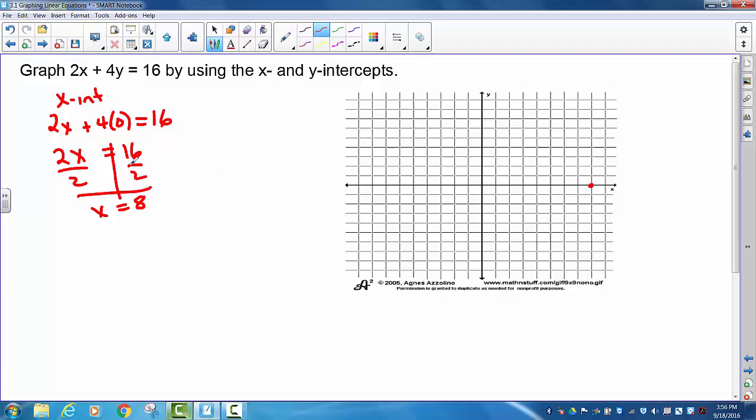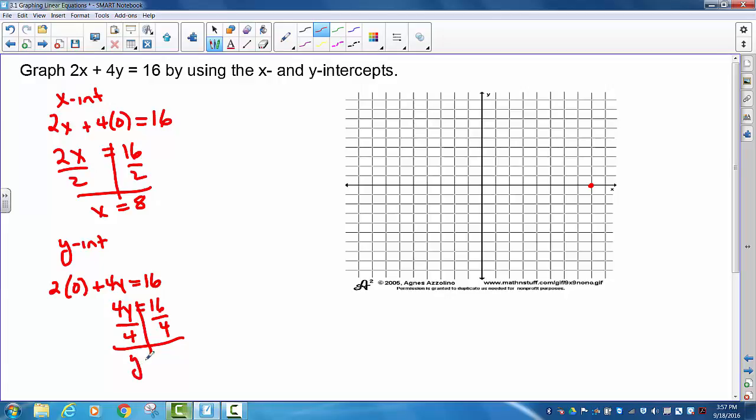Okay? Now to find the y-intercept, that occurs where the x is 0. So we go 2 times 0 plus 4y equals 16. Then we go 4y equals 16 because 2 times 0 is 0. Divide by 4, divide by 4.